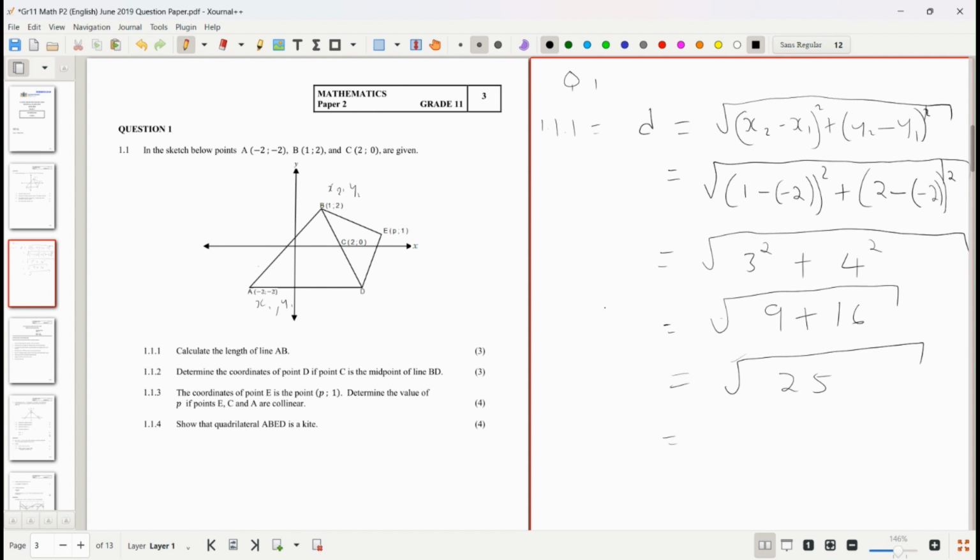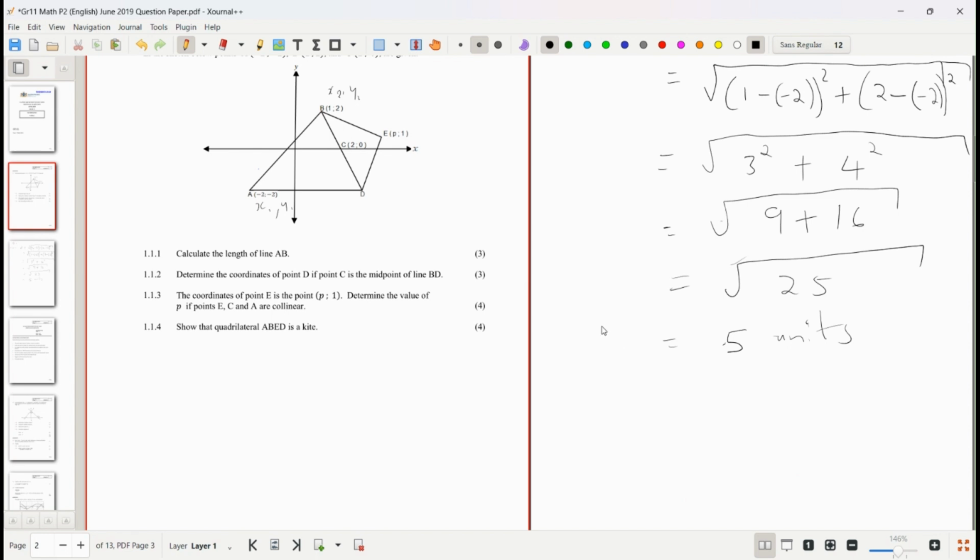So you have the square root of 25, which is 5. So the distance AB is 5 units. You need to write AB is 5 units, because it's distance. They didn't give you if it's centimeters or meters, so you can just say 5 units.